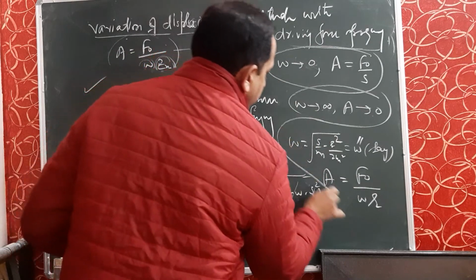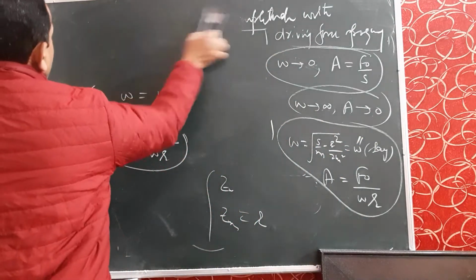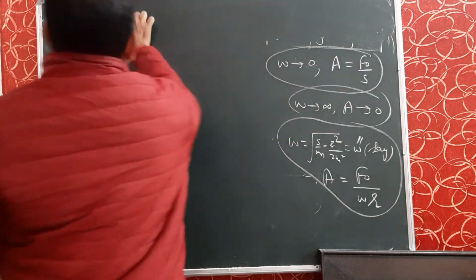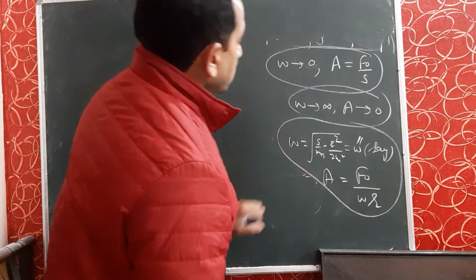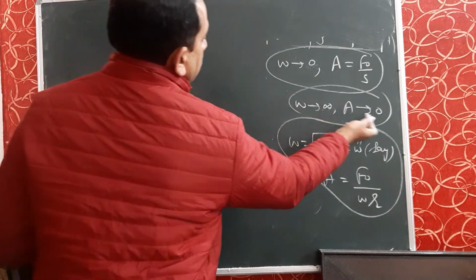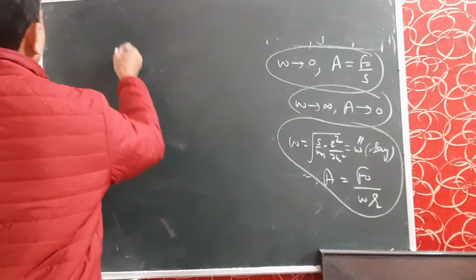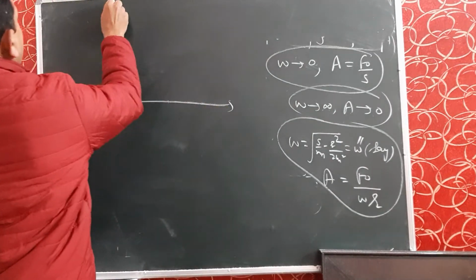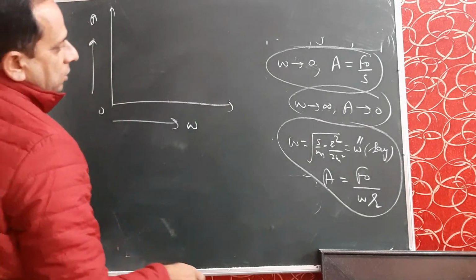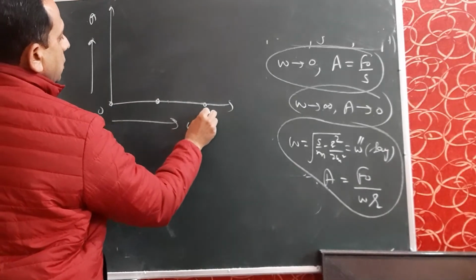So these are the three points from which we can trace or plot a graph between amplitude and frequency. The first point, omega 0, A finite; omega infinity, A is 0; omega double dash, A is this one. So omega has three values: omega tends to 0, omega double dash, omega infinity.